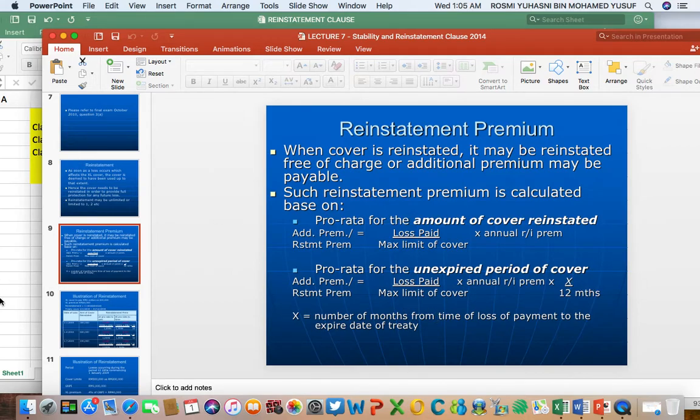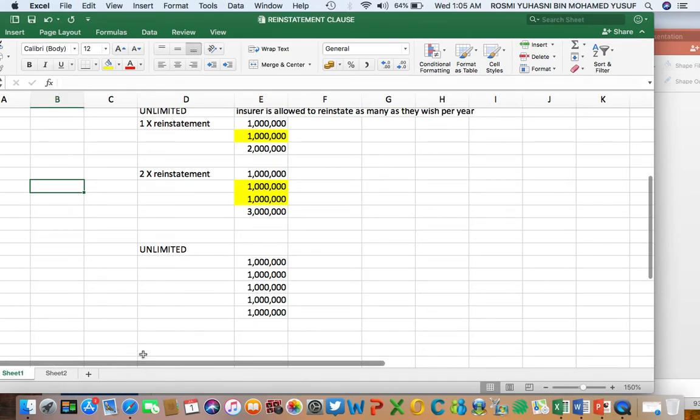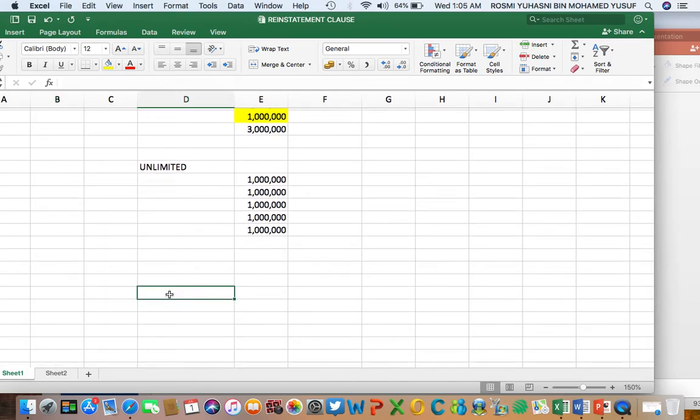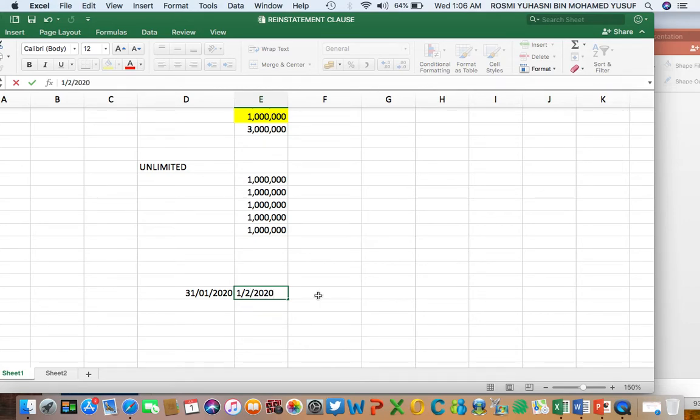Let's say, for example, a claim occurs on the 31st of January 2020. So the unexpired period will be from the 1st of February 2020 to 31st of December 2020. How many months is that? That will be 11 months.